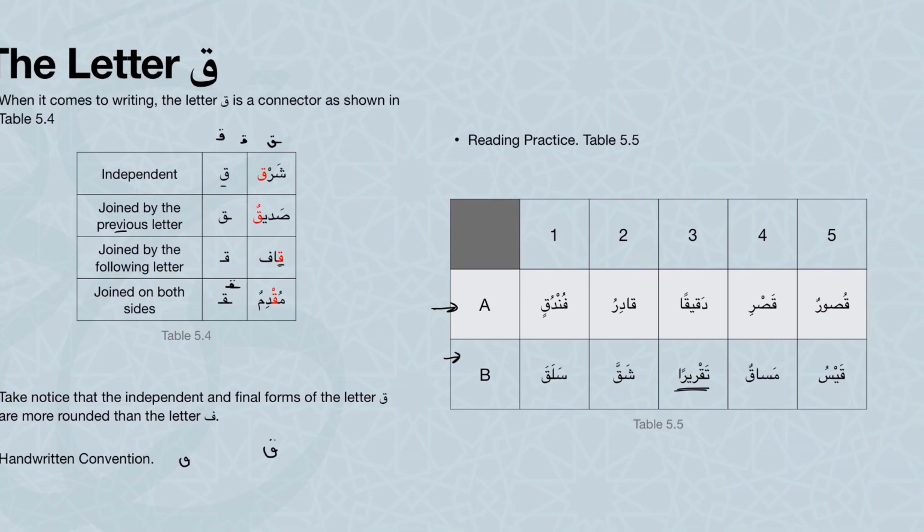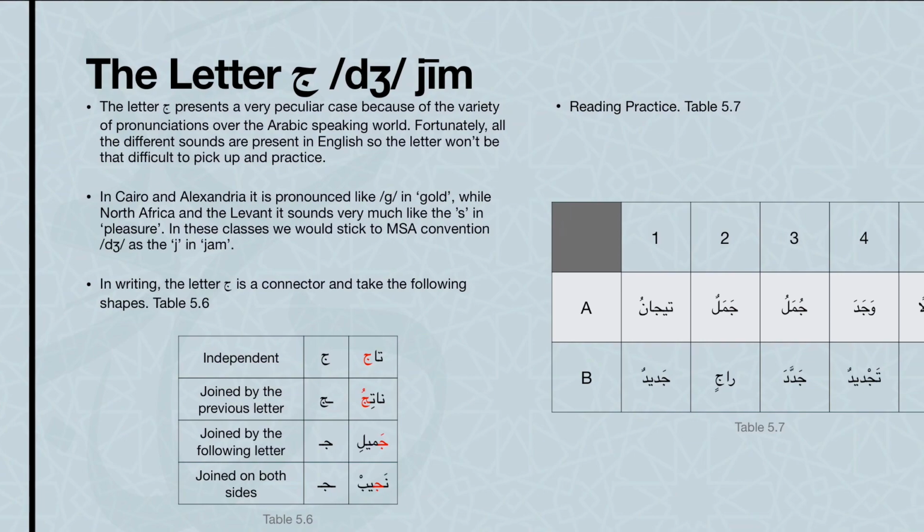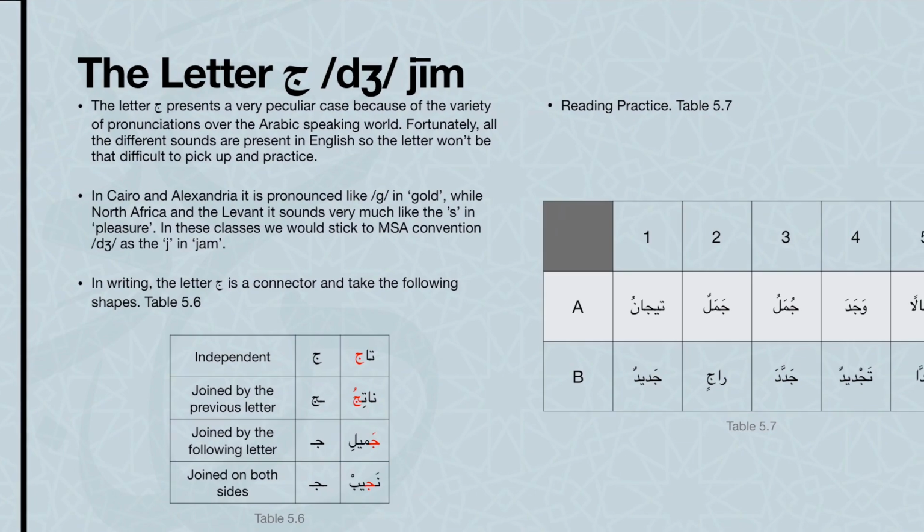Letter Jim. Letter Jim is also a very easy letter. Letter Jim is one of the peculiar cases of an Arabic letter, because MSA has a way of pronouncing it. Egyptians have a way of pronouncing it. Levantine people, or people in Syria, Lebanon, Jordan, Palestine have a way of pronouncing it.